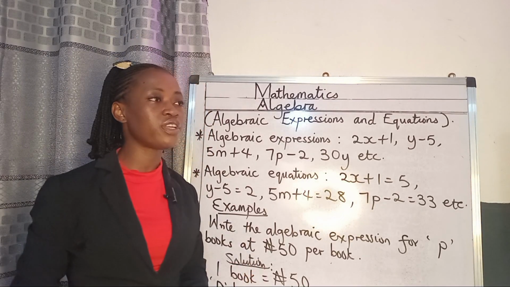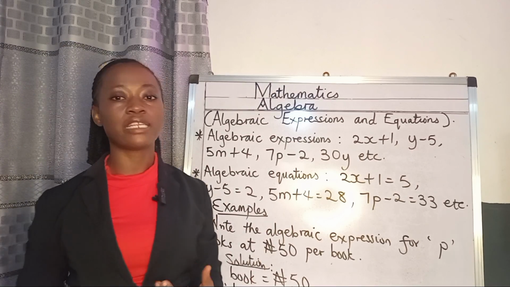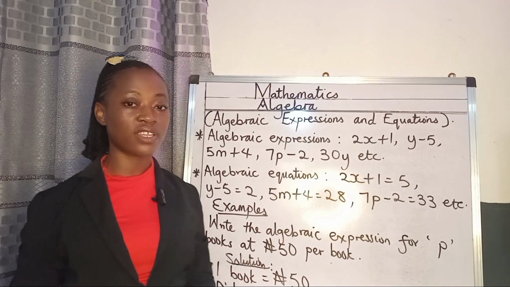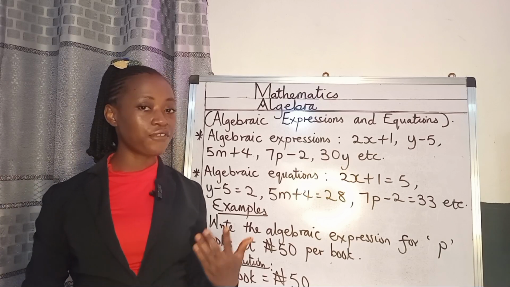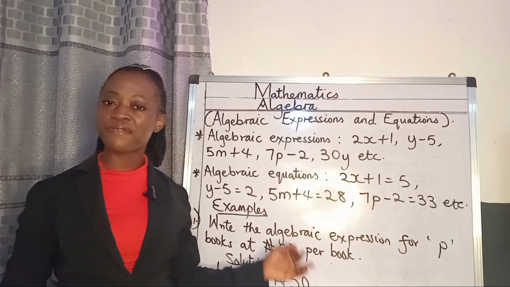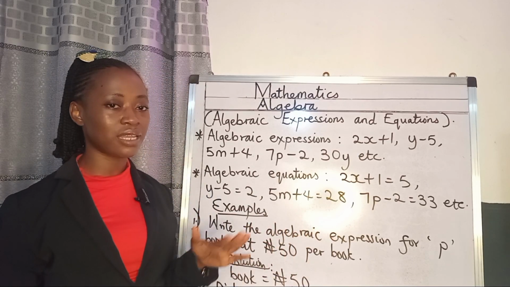It's just like you going to buy a book, and when you got to the bookshop, you were told that one exercise book costs, let's say, 500 naira, and you say, okay, I want to buy 10 of such books. Therefore, it means that you are going to pay 500 naira times 10, right? So that's exactly how to do it.